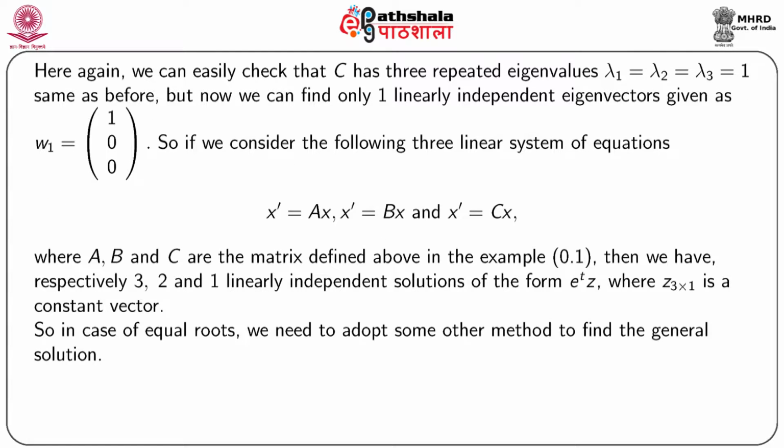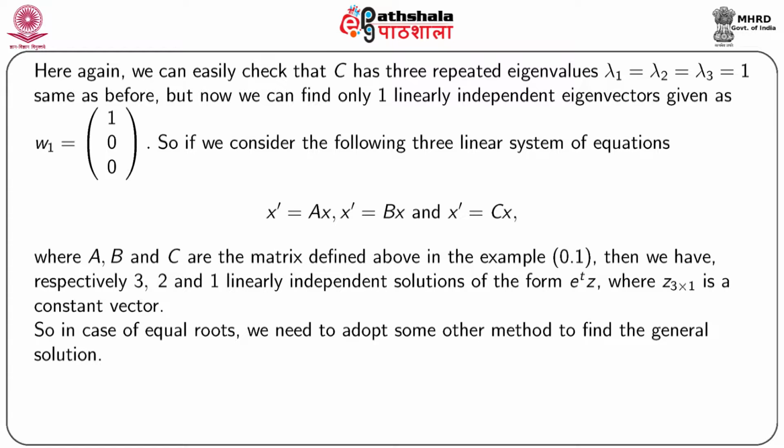Again, we can check the eigenvalues of the matrix C, lambda 1, lambda 2 and lambda 3, are all equal to 1, but in this case we can find only one linearly independent eigenvector, given by W1, which is equal to 1 0 0.